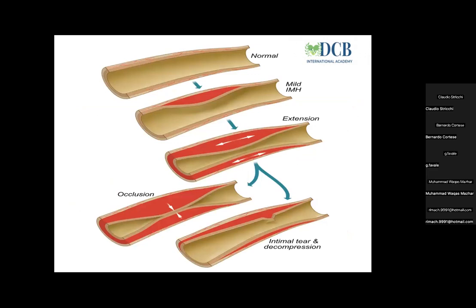This is a picture that may explain the spontaneous healing of the vessel in spontaneous coronary artery dissection. We can start with a normal vessel: intima, media, and adventitia. We have a mild intramural hematoma, then extension of the intramural hematoma can lead to occlusion of the vessel, or if we have an intimal tear, we can have decompression of the vessel and that can lead to healing.